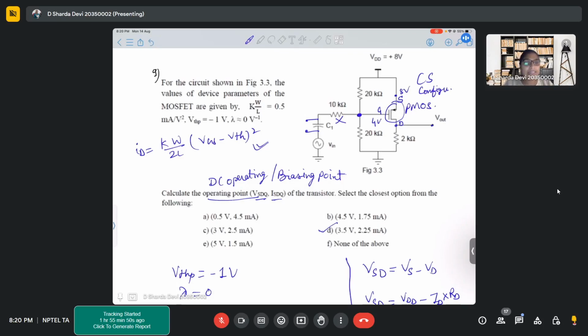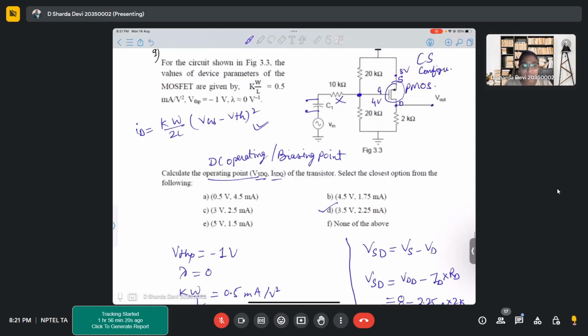So it is very necessary to keep in mind the difference between how your circuit practically works and how you solve it theoretically. These are two different things, and you have to keep them in mind separately. Just don't get confused and mix them up. If anybody has any doubts, you can come again and ask.